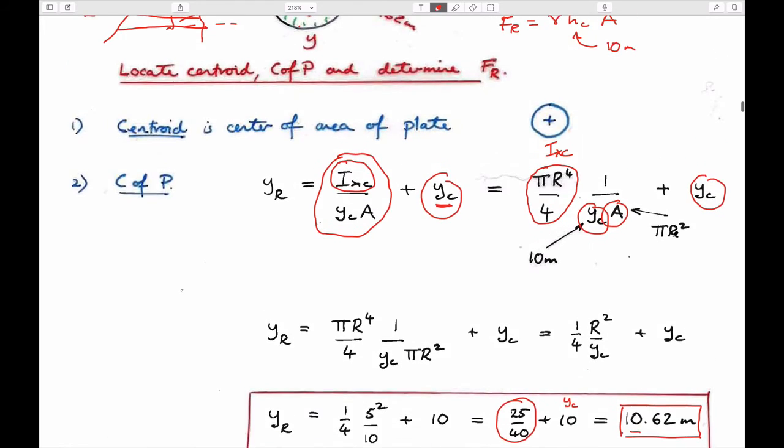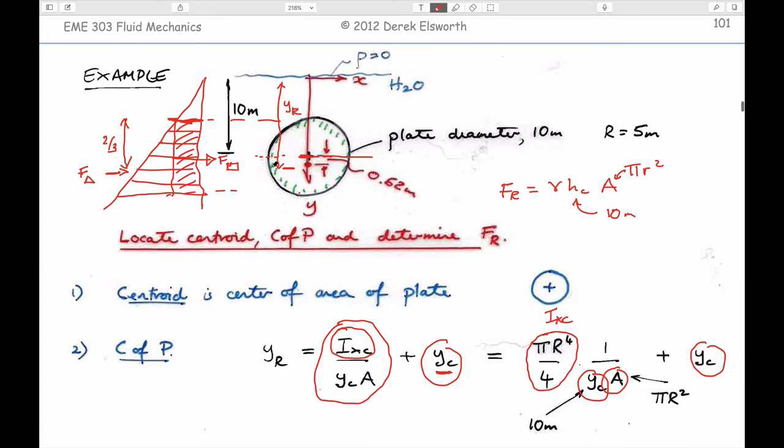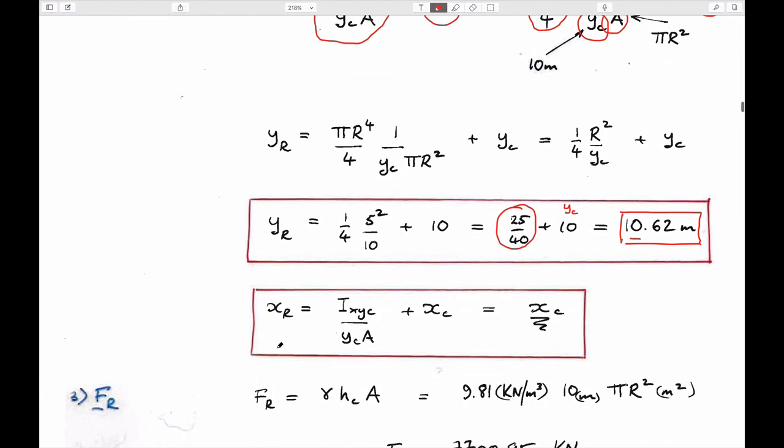The other question we could ask ourselves is, so we know now that it acts on this line which is 0.62 meters below the center. Where along this line does it act? Does it act here? Or here? Or here? And so the other way to do this is, we won't derive it, but to invoke a very similar expression to y sub r, and that is this expression here, x sub r.